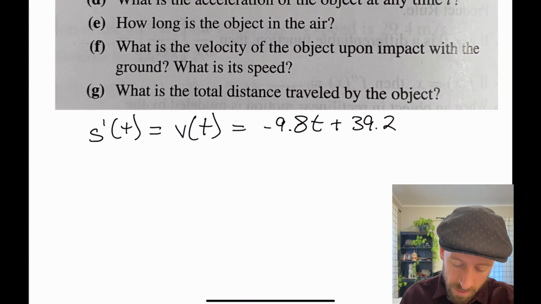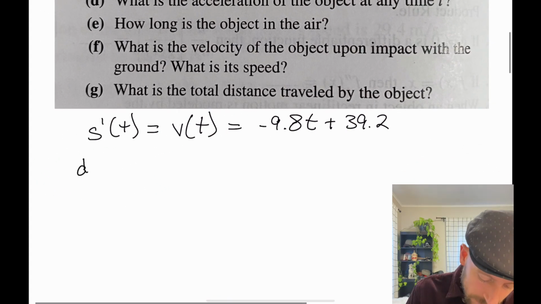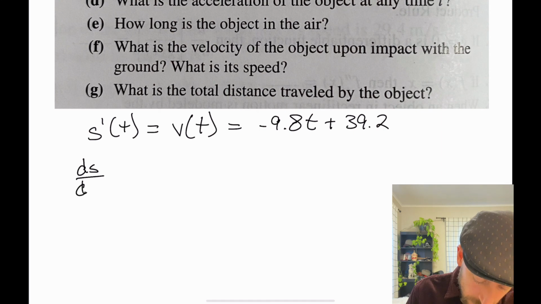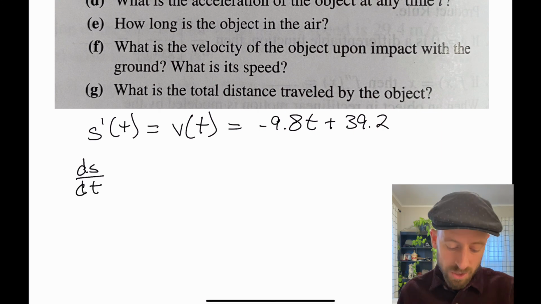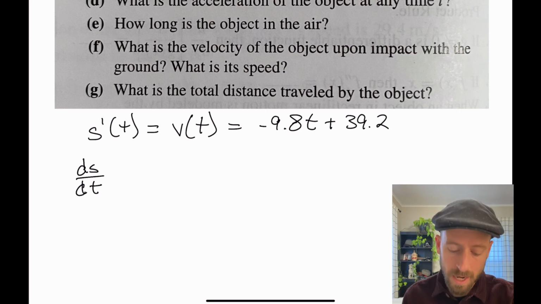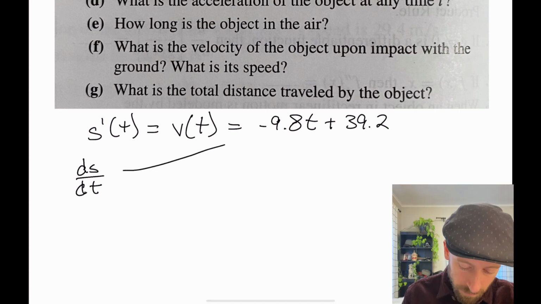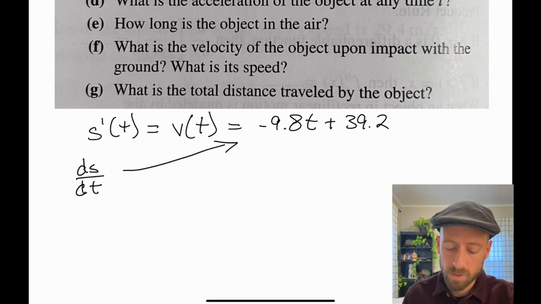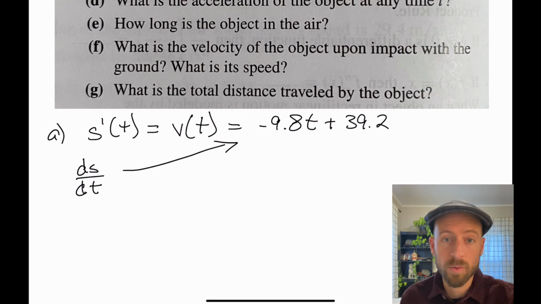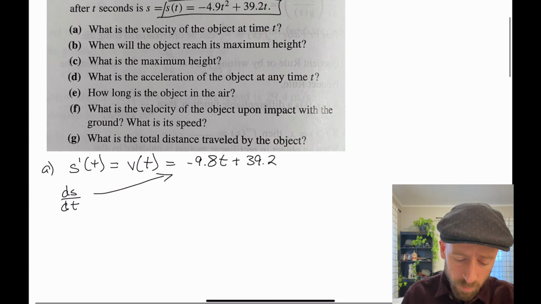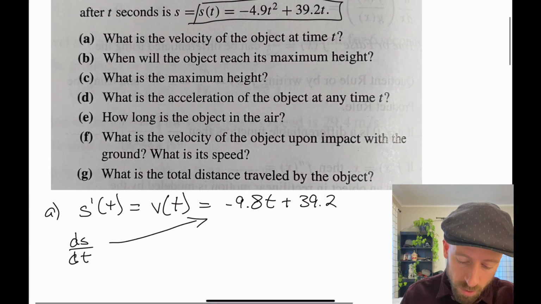So we just found the derivative, ds dt. What is the change in the position versus the change in time? That's what that is right there. Okay, so we have the velocity, that's A. That's all we needed to do for that, and we are finished with that portion of the problem. We will then use that to do many of the other problems.